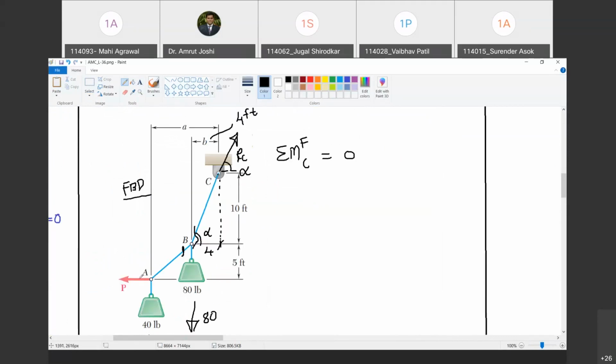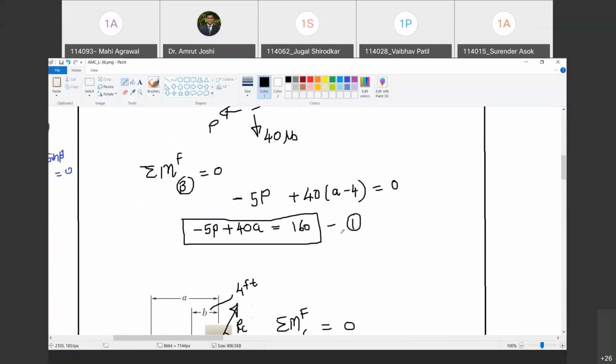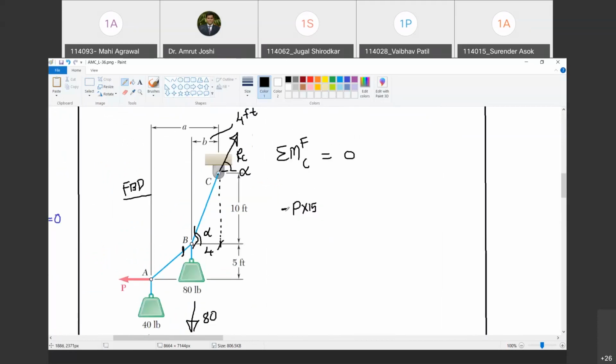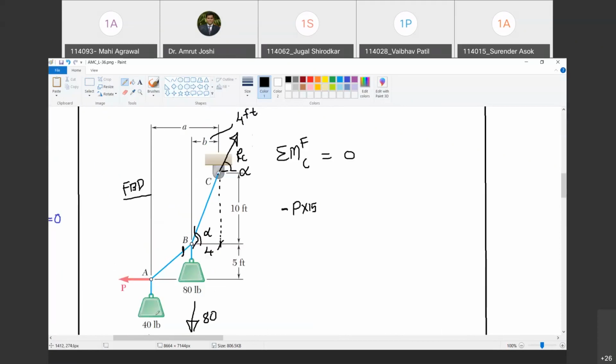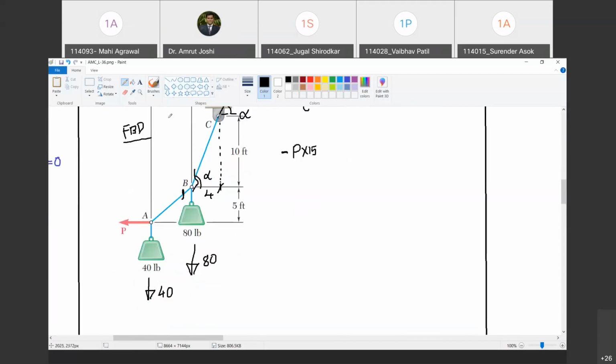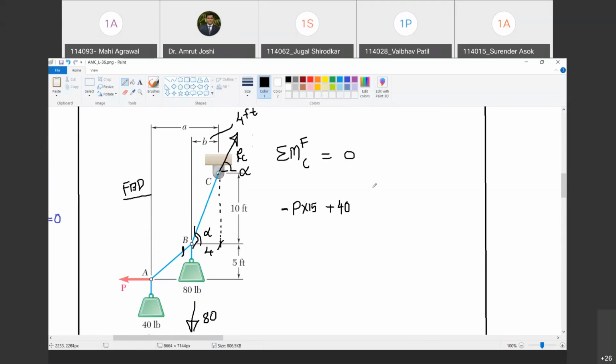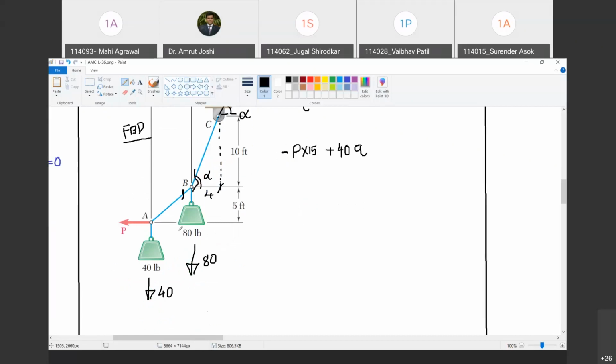Now what does that give? What is the moment of P? P into 15 feet. And obviously it is negative because it is clockwise. What is the moment of this 40 pound about C? Anti-clockwise. So it is going to be plus 40 multiplied by A. What is the moment of this 80 pound?